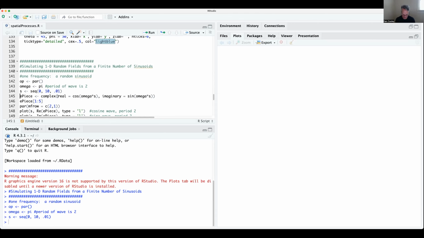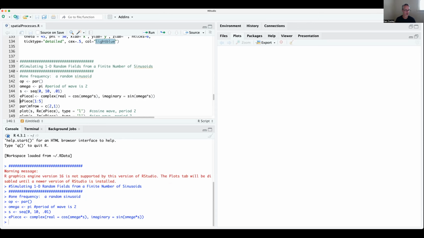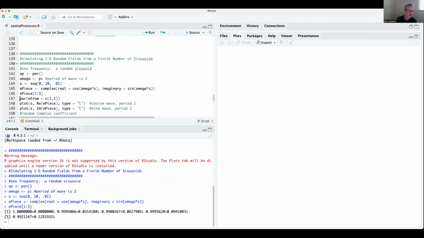If I expand that out in terms of cosines and sines, the real bit is cosine omega s. The imaginary bit is sine omega s. And so this is going to store this as a complex number. And if you want to see that in R, here are the values of our E piece at the first 5 locations S. When S is 0, cosine returns 1, sine returns 0. And so this first number here should make sense.